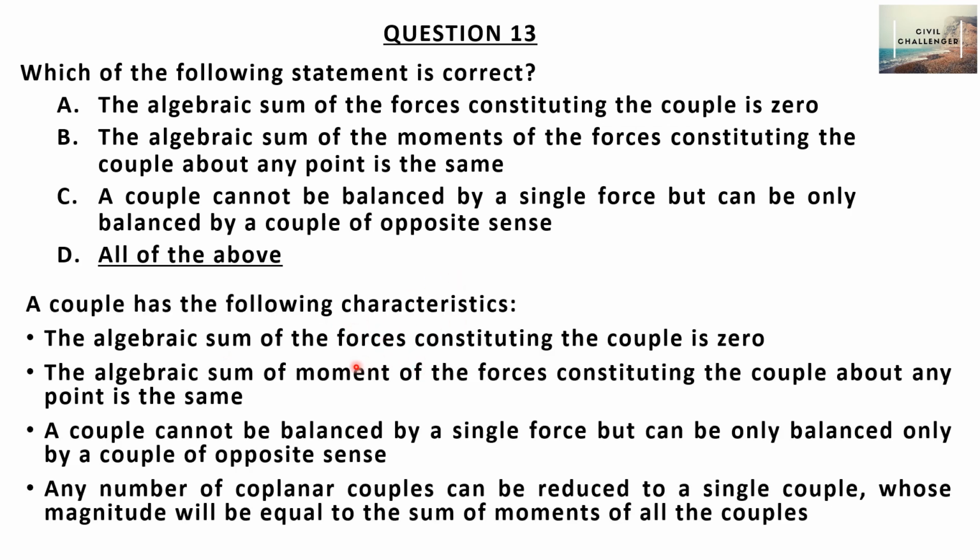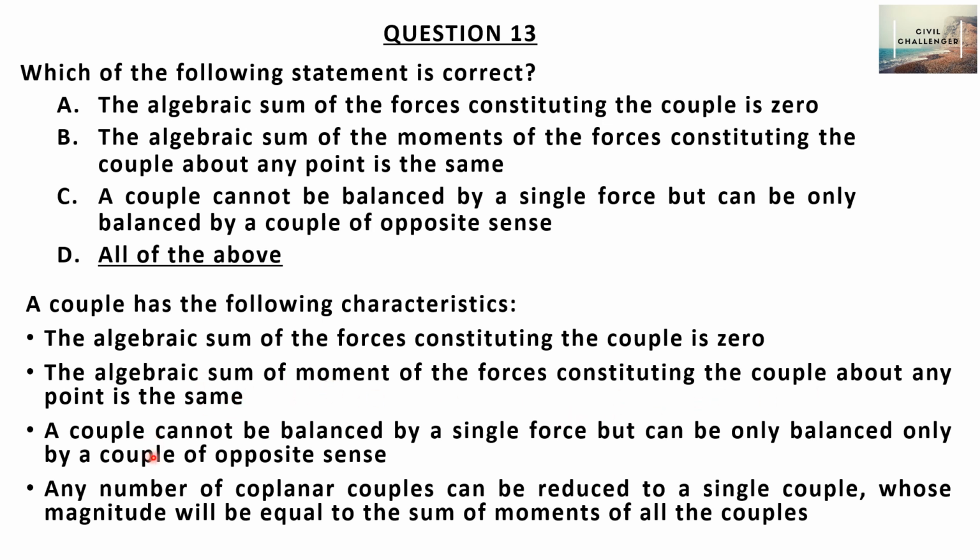We have already seen that a couple constitutes two forces having equal magnitude and acting opposite to each other. So the algebraic sum of the forces constituting the couple is 0. Similarly, we have seen that the moment of the couple, or the algebraic sum of the moments of the forces constituting the couple about any point, is the same.